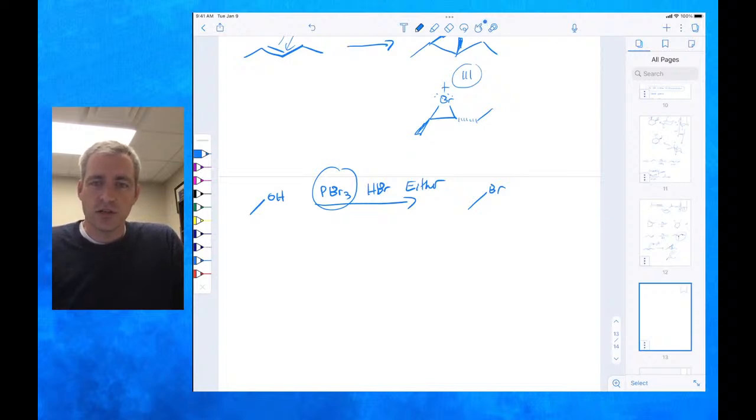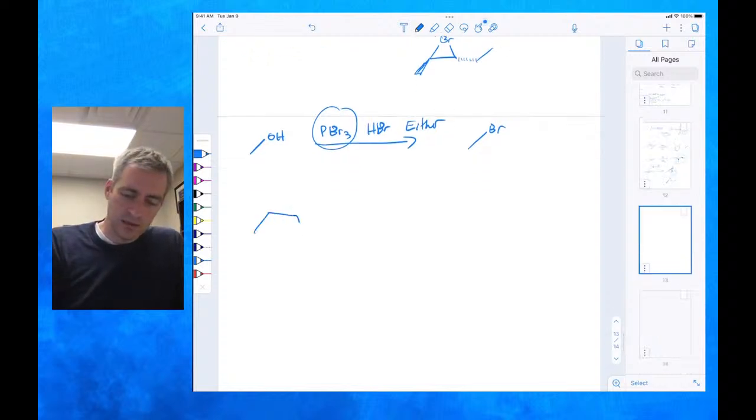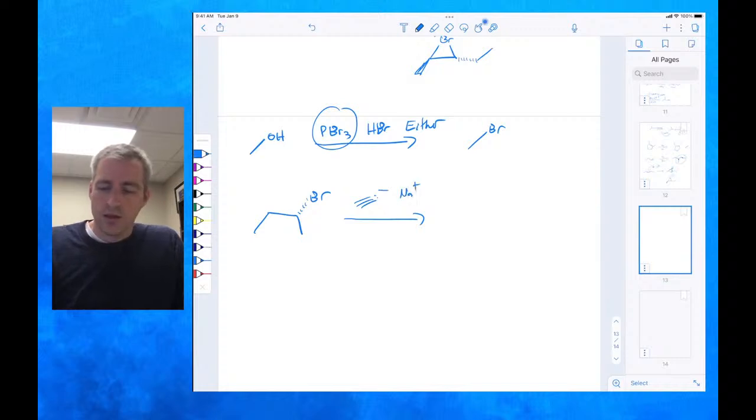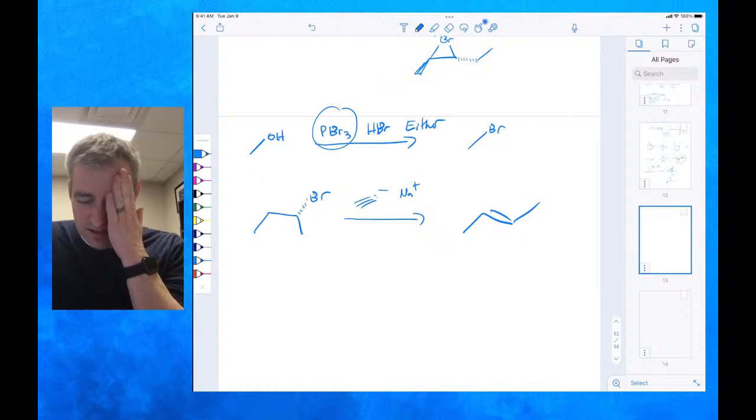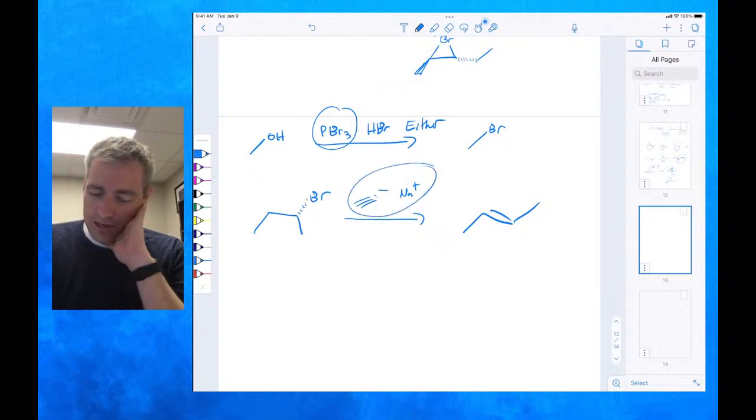Next question looks something like this. It's an alkynide, and it's saying that's the reaction product. Why do you get that? How do you explain this particular reaction? Well, this is an alkynide.